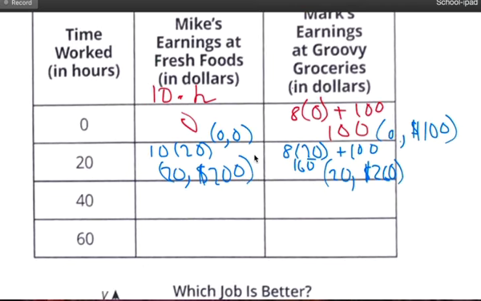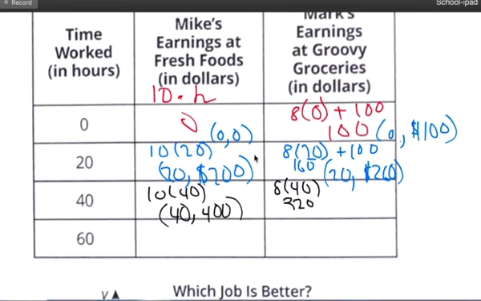40 hours, 10 times 40 is, thinking the answer ahead of time. So at 40, he makes $400 here. 8 times 40 is 320 plus $100.